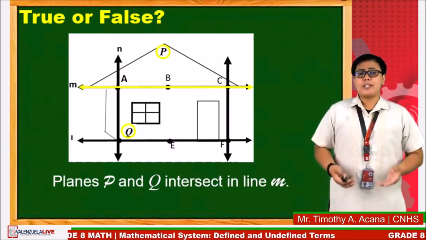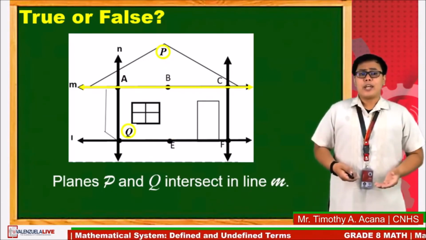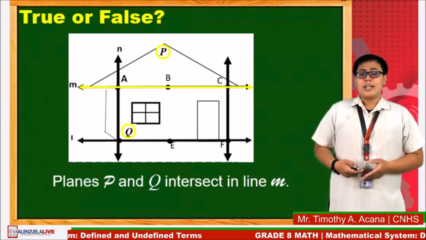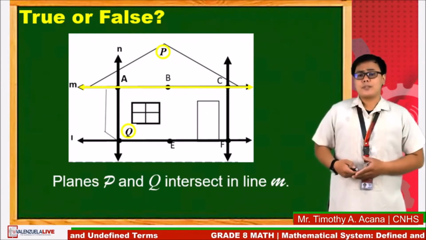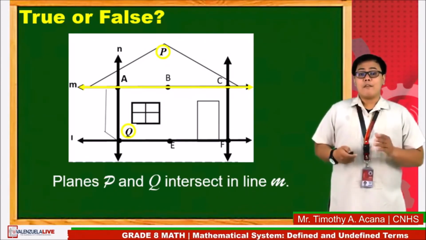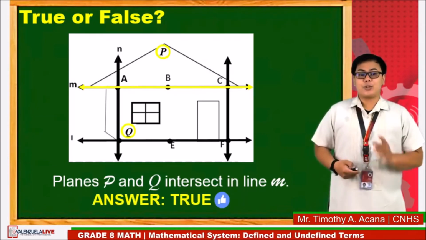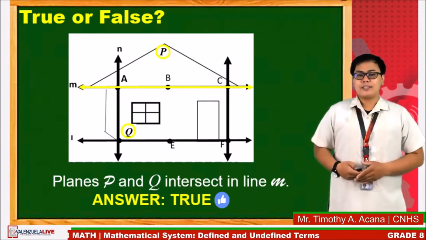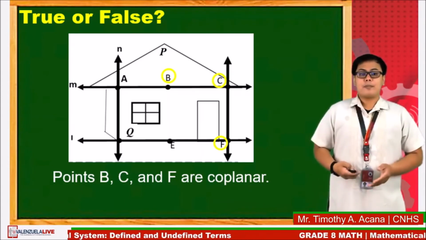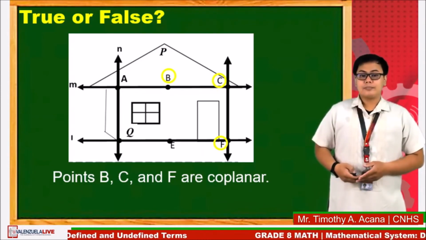Next, we have planes P and Q intersect in line M. Is it true or is it false? Very good. The answer is true. You are doing great. How about points B, C, and F? Are they coplanar?